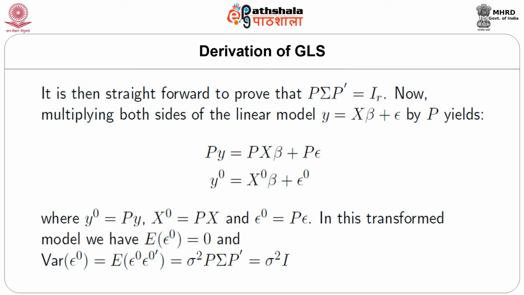We can see that in this transformed model, the expectation of epsilon 0 equals 0 and the variance of epsilon 0 equals sigma square times P times capital sigma times P prime, which equals sigma square times I, which satisfies the assumption of homoscedasticity.